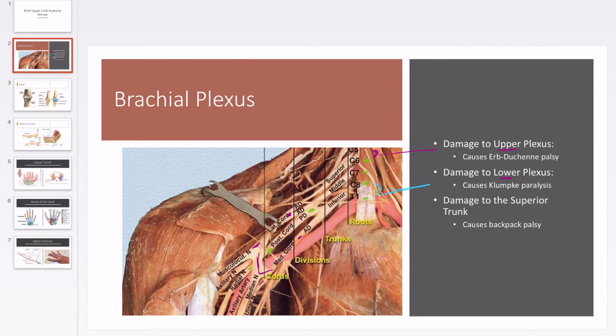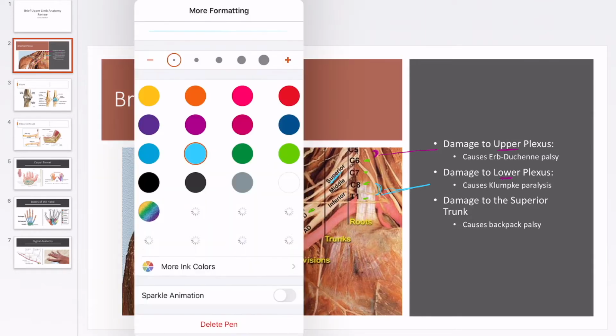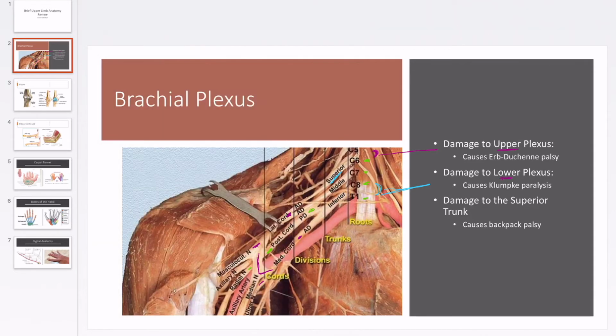You can have damage to the superior trunk. They call this backpack palsy or rucksack palsy, depending on the country you're in. That is because of pressure that's put on the superior trunk here. If you imagine a book bag or something really pressing down here, you could have some paralysis, weakness, that kind of stuff, just because of this compression.